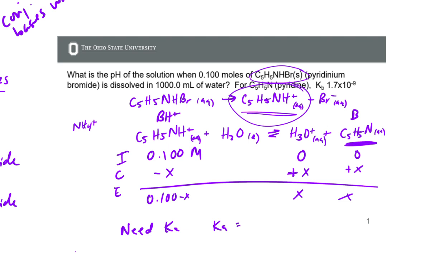So Ka is going to be equal to 1 times 10 to the minus 14 divided by 1.7 times 10 to the minus 9, and we'll get 5.9 times 10 to the minus 6.